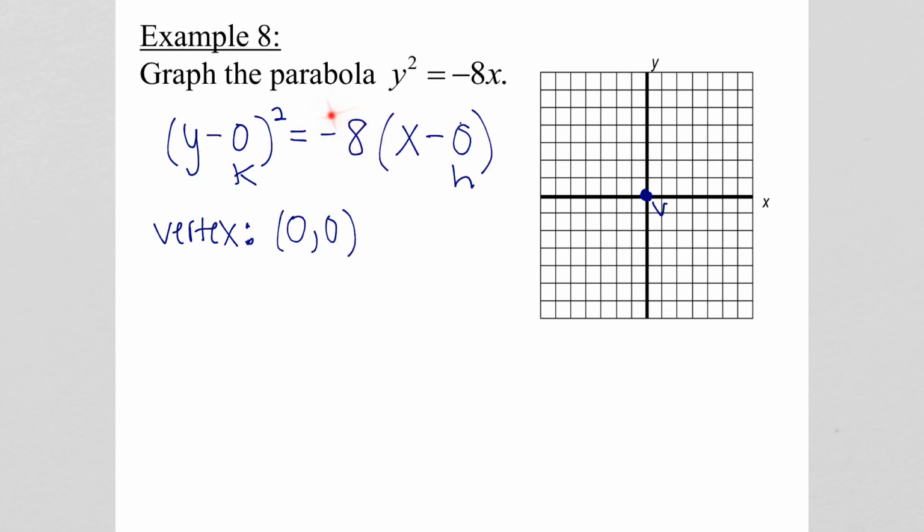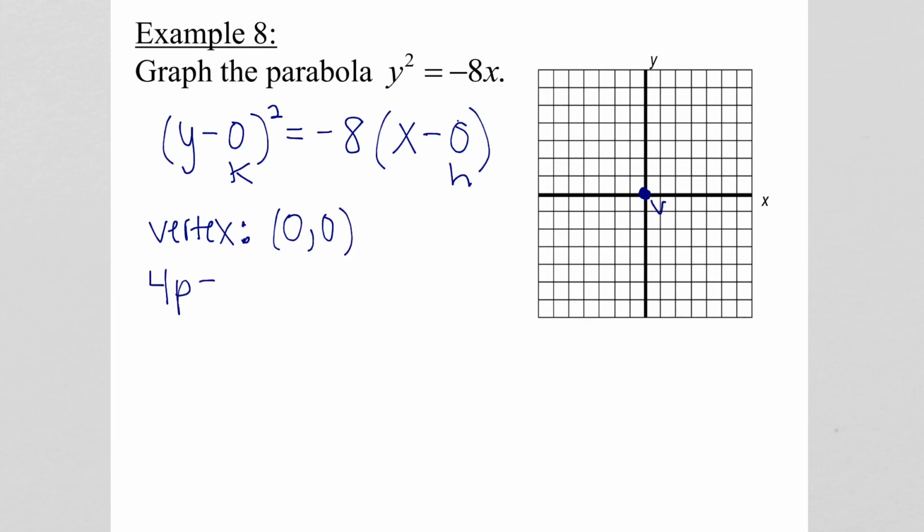So 4p equals negative 8, and dividing by 4 on each side, p is equal to negative 2.